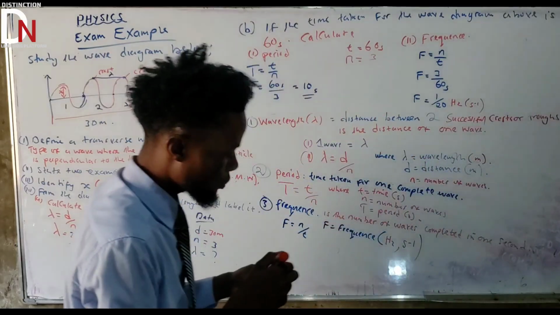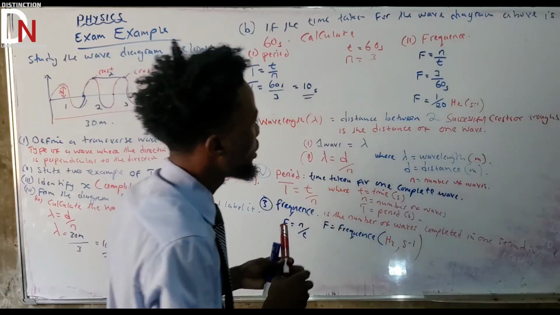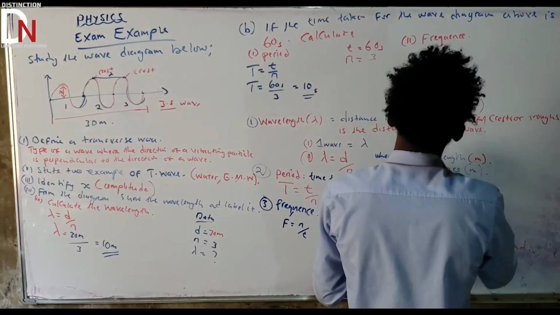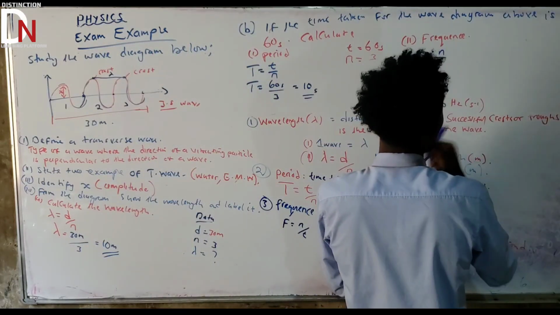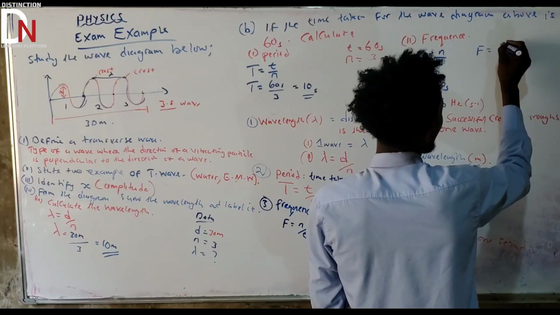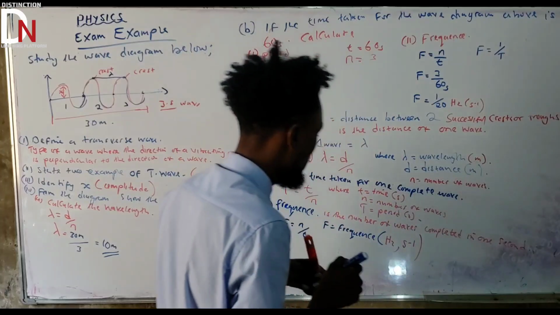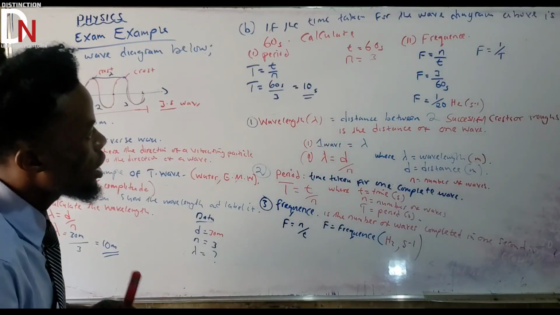Then what is the other formula that you can use? Apart from this one, we know that frequency is related with period. Frequency is equal to 1 over period.